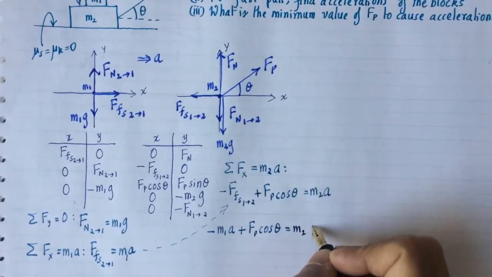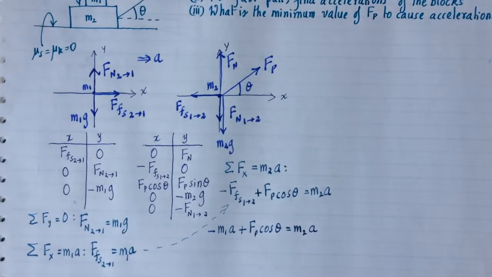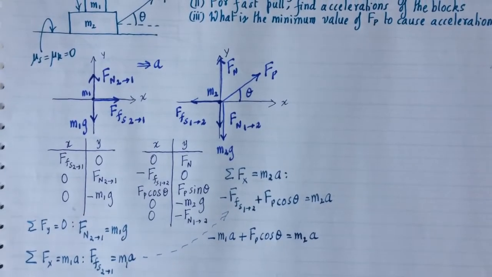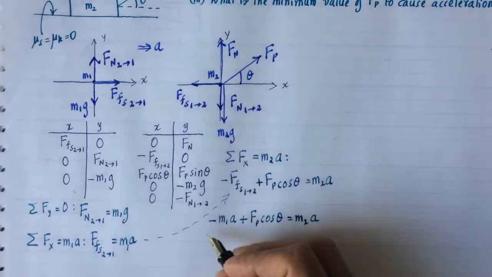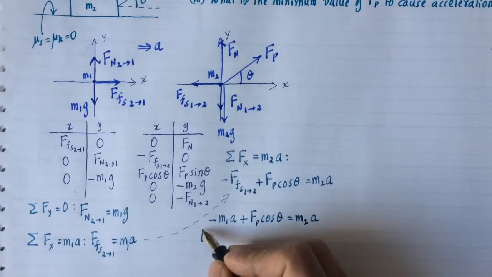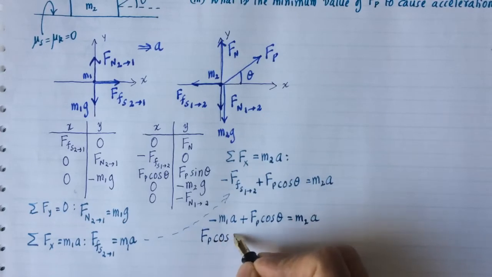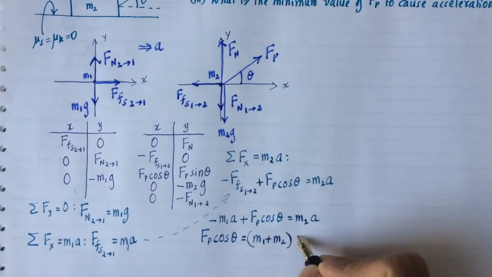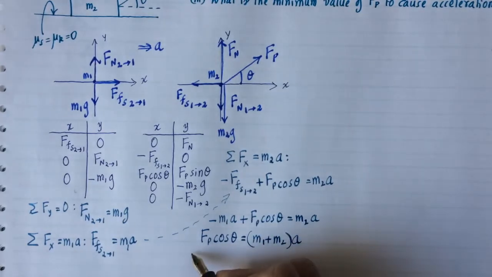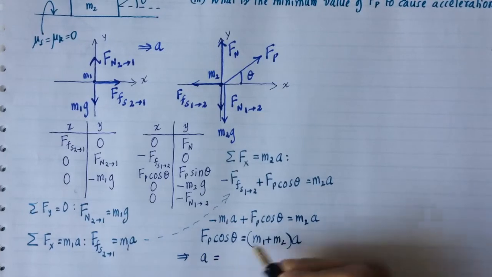equals m2a. Now at this point, what I'm going to do is simply add m1a to both sides. And when I do that, I get Fp cosine theta equals m1 plus m2 times a. And then divide both sides by m1 plus m2. That gives me the acceleration.